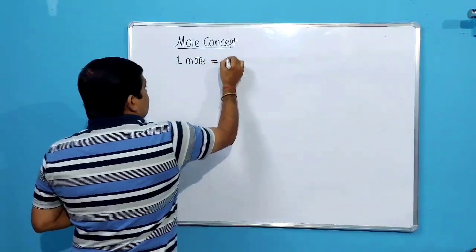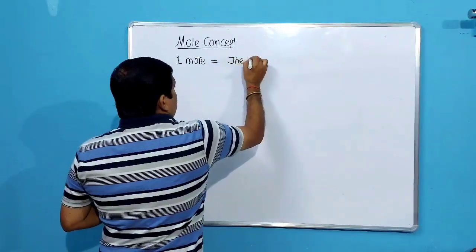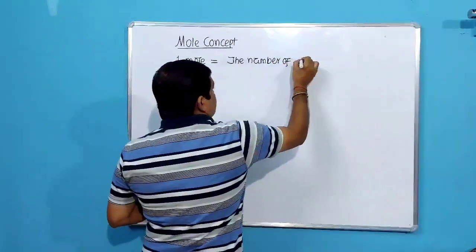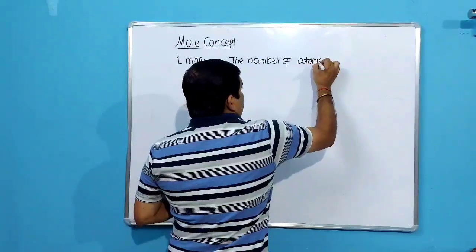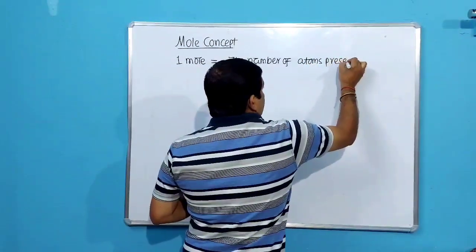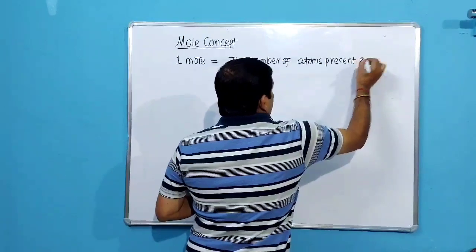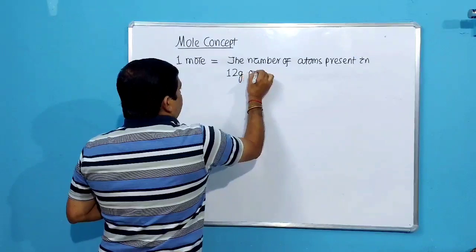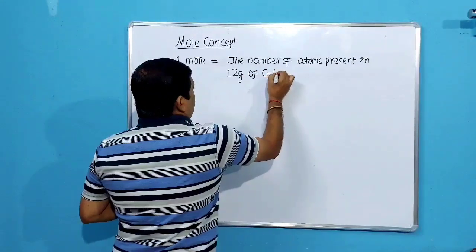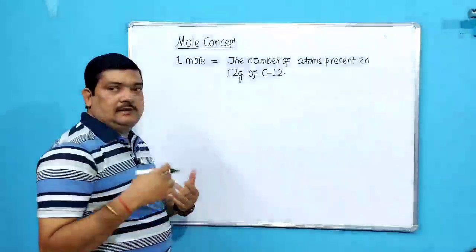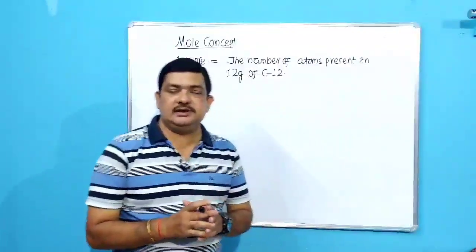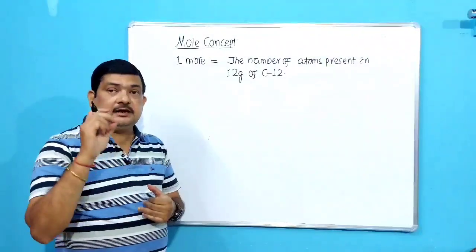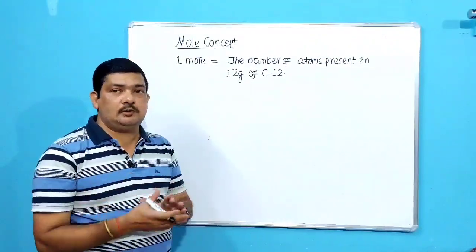So 1 mole is defined as the number of atoms present in 12 gram of C12. C12 carbon has many isotopes, and the good isotope is C12. So if you take 12 gram of C12, then the number of atoms present in it is 1 mole.